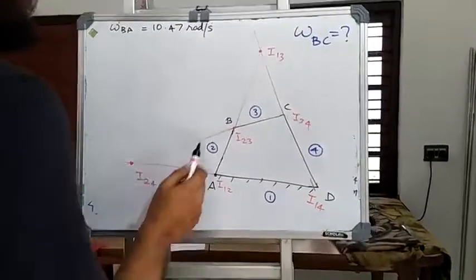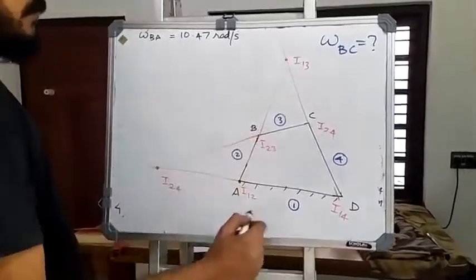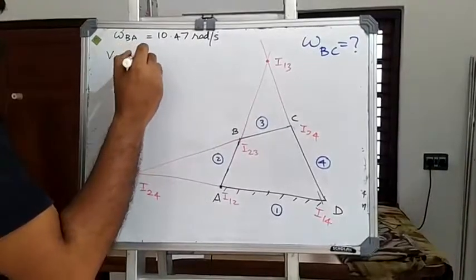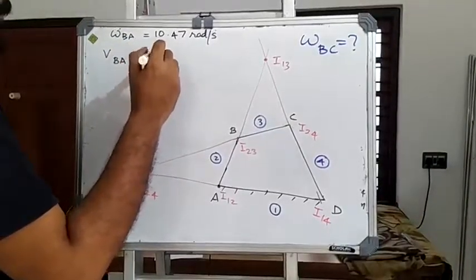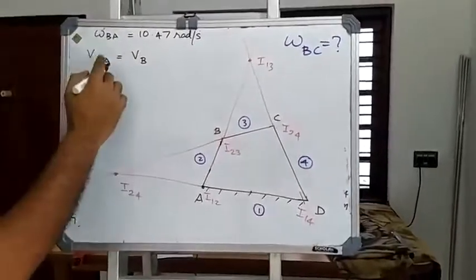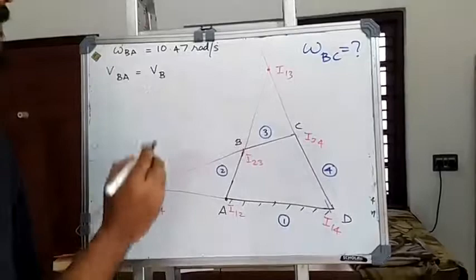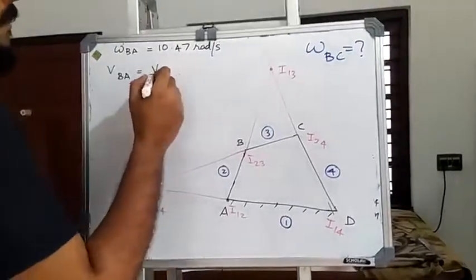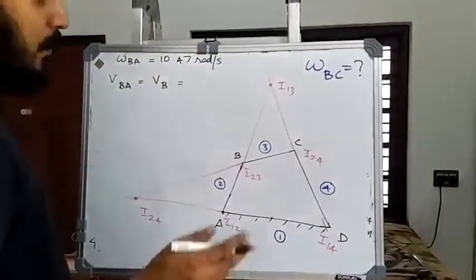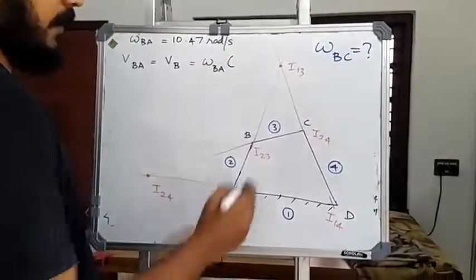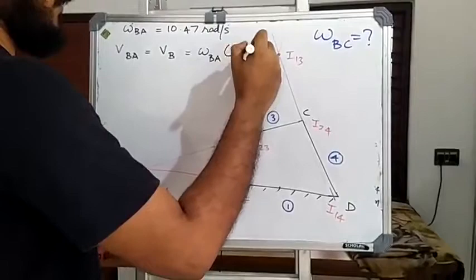If you want to find the velocity of B, that means VBA, or simply VB as A is a fixed point, this can be found as the product of omega BA multiplied by the length of the link AB.